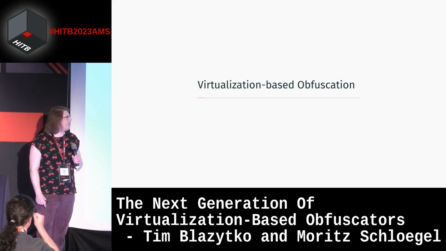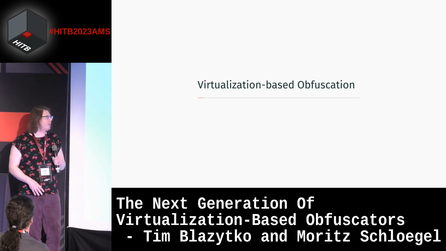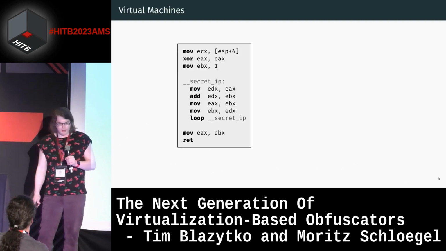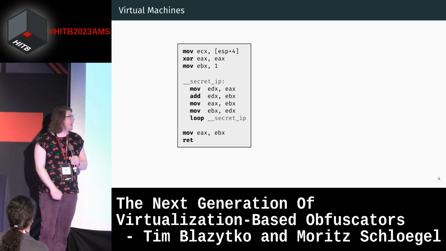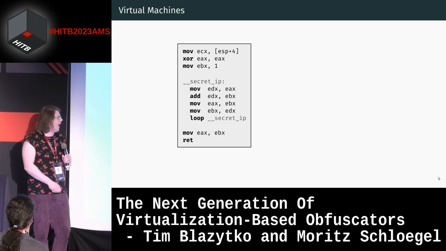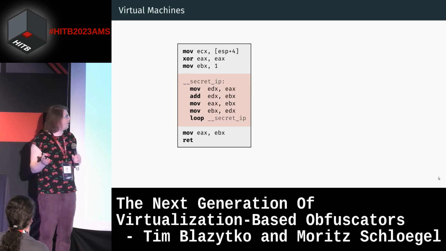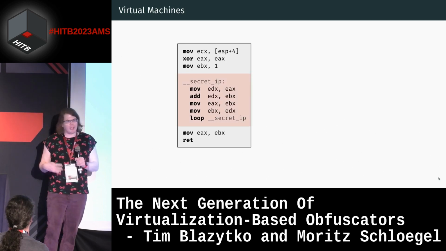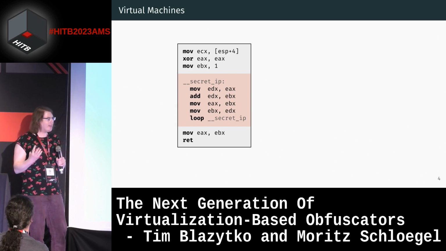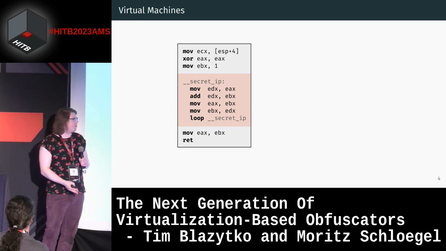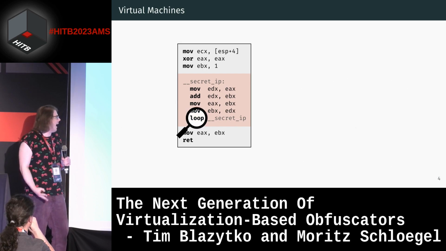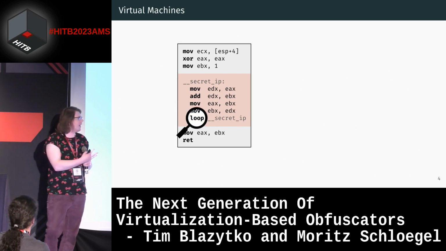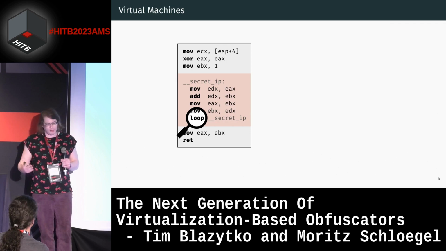So let us talk first about virtualization-based obfuscation in general. The typical analysis scenario is that we have a piece of code, and this piece of code might be an algorithm which is worth protecting. Right now, we would open the binary in IDA or Binary Ninja or whatever, and could just analyze what's going on.